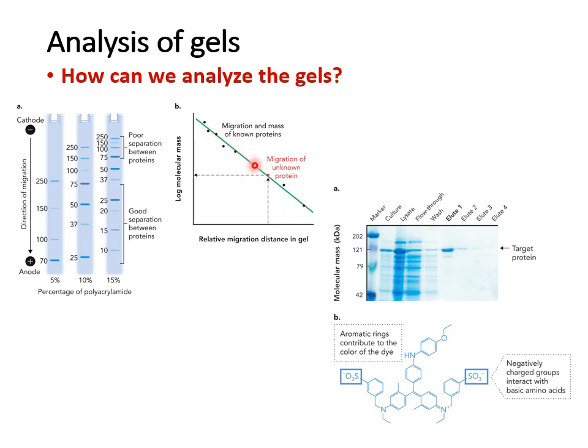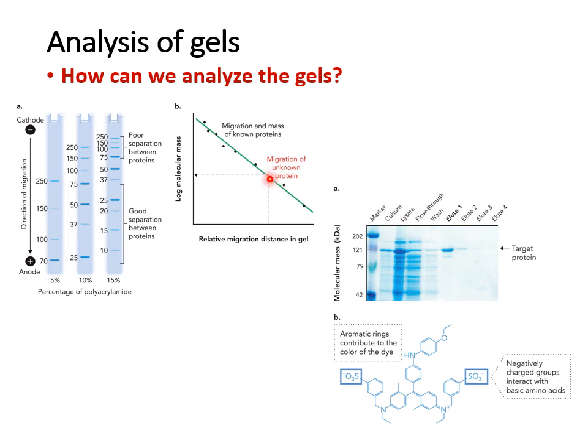And you plot each of those standards, each of the known proteins, on a graph comparing the mass to the distance traveled. Once you have that standard curve, you can then take the unknown protein band, whichever one you're looking at, and plot the distance that it traveled on your gel.